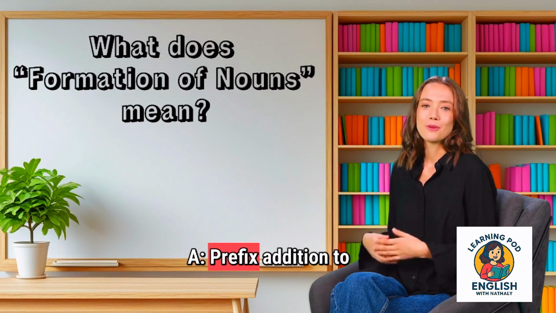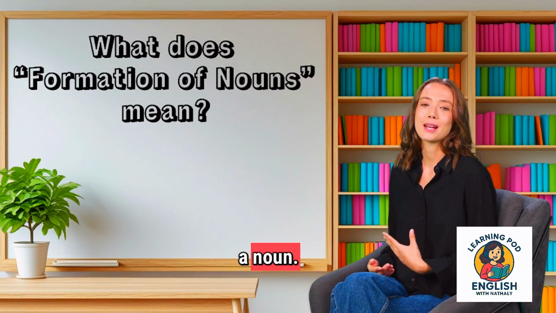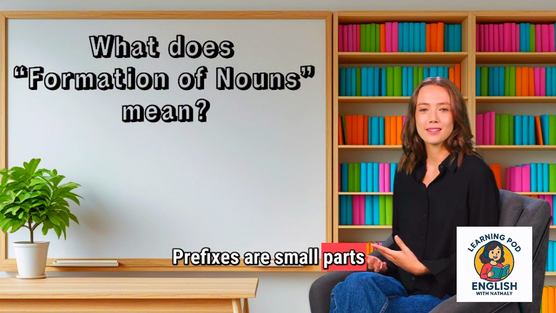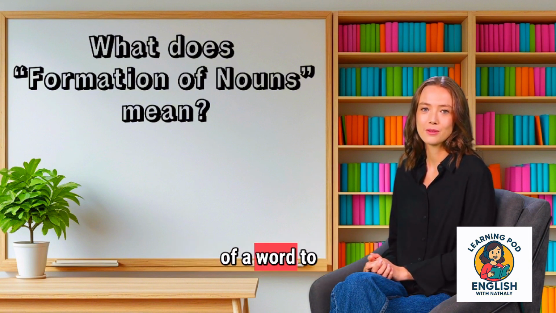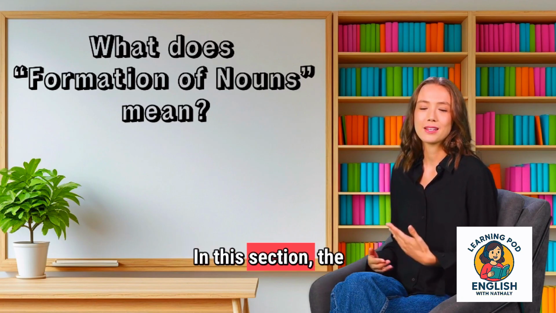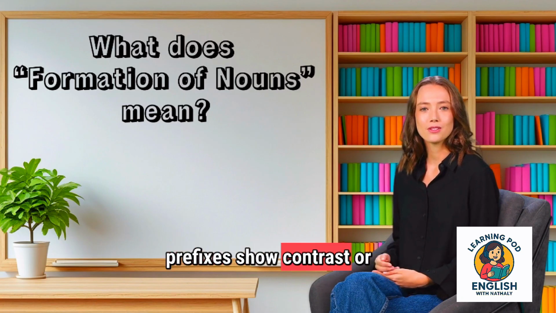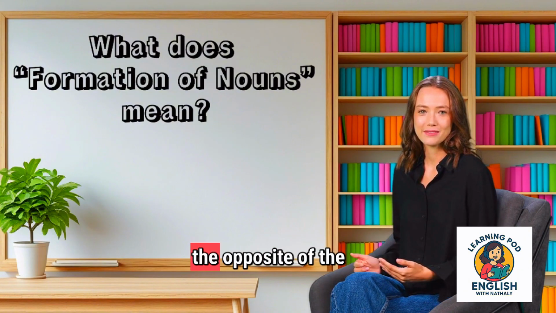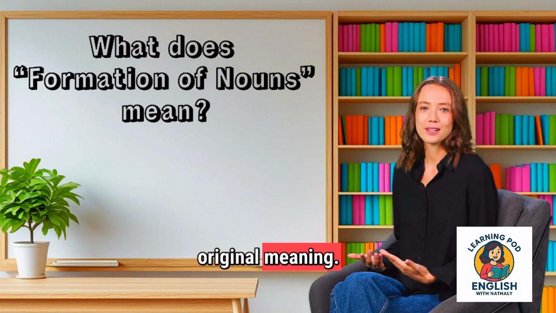A. Prefix addition to a noun. Prefixes are small parts added to the beginning of a word to change its meaning. In this section, the prefixes show contrast or opposition, meaning they create the opposite of the original meaning.